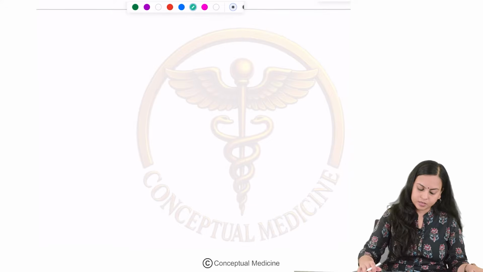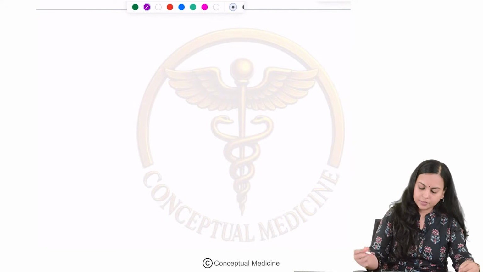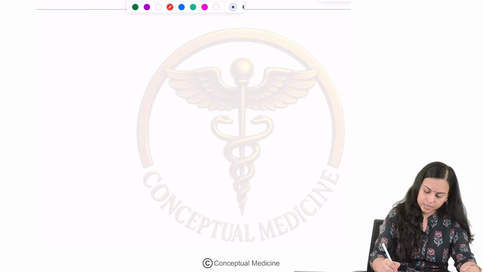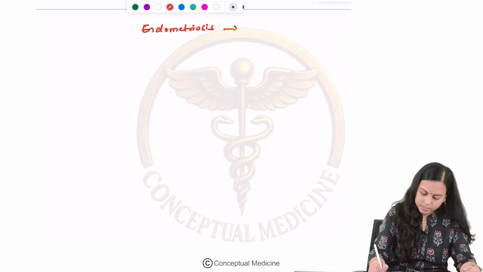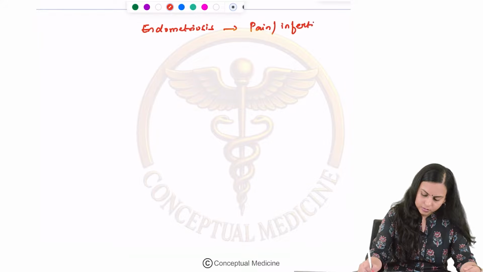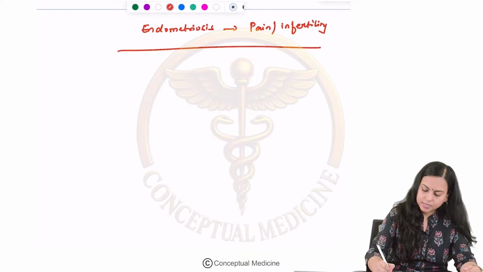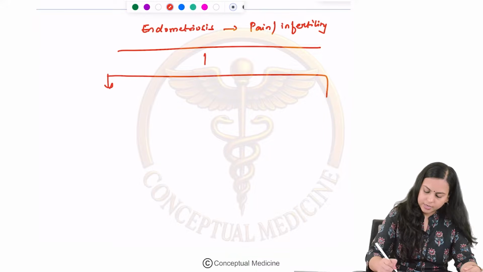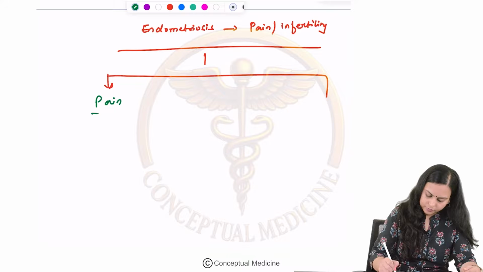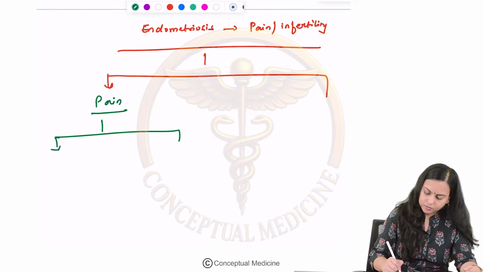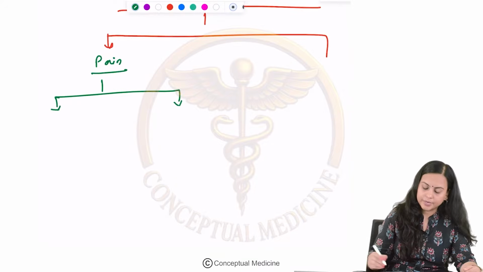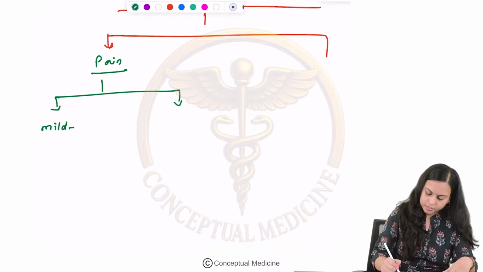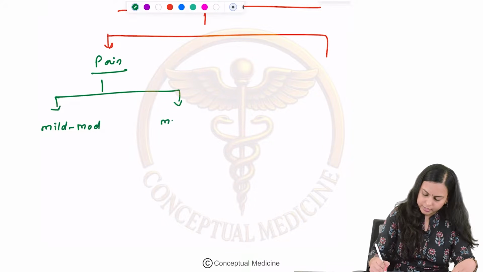Now, whenever you get an endometriosis case, an endometriosis that is suspected based on pain or infertility, say suppose if she has pain, you have to ask her what is the severity of her pain. Either it can be mild to moderate or it can be moderate to severe pain.